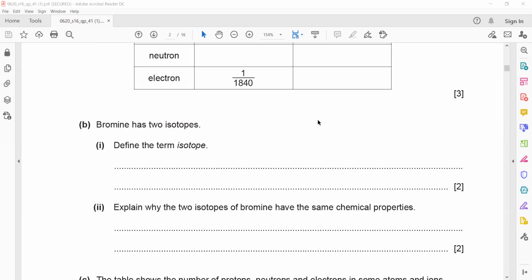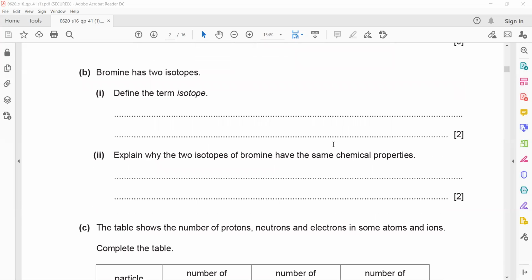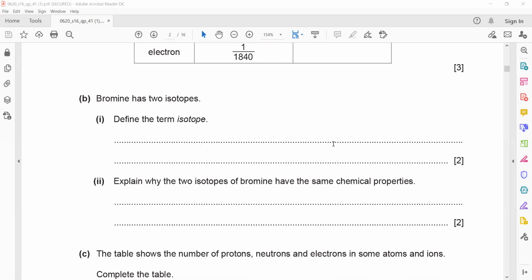Bromine has 2 isotopes. Define the term isotopes. How do you define the term isotopes? The atoms of an element that have the same number of protons and the same number of electrons, except that the neutron number is different.